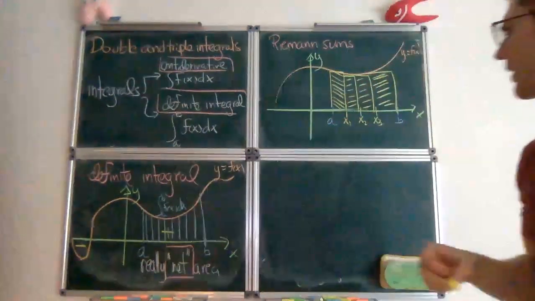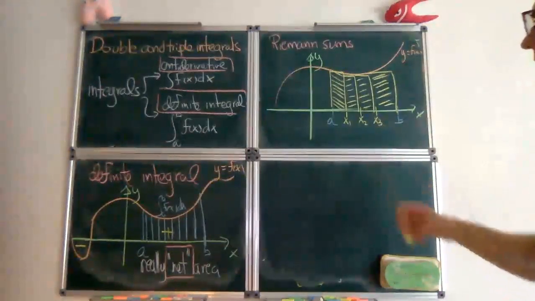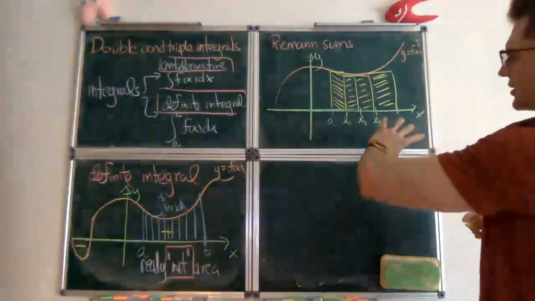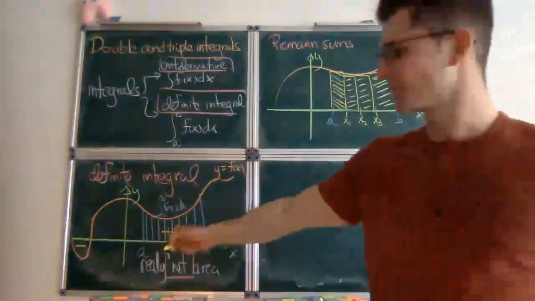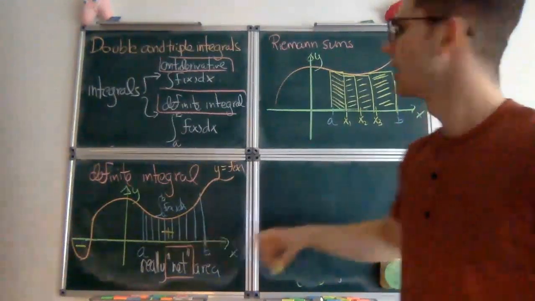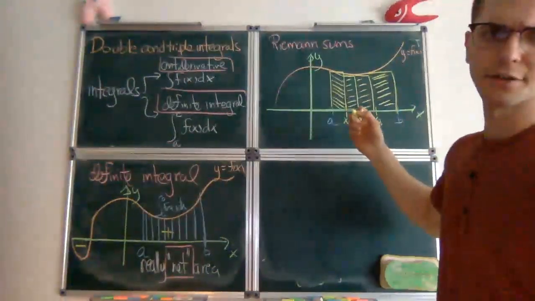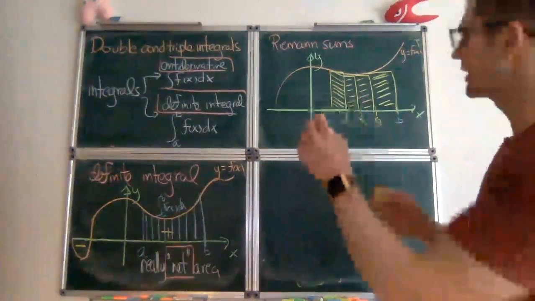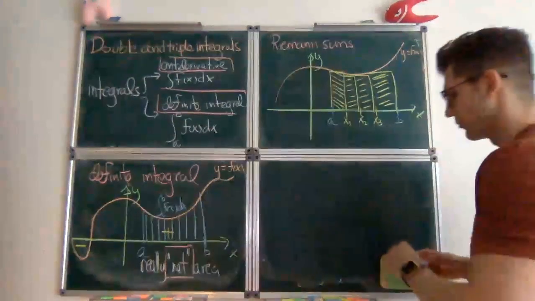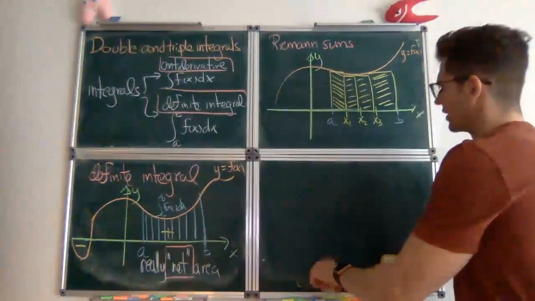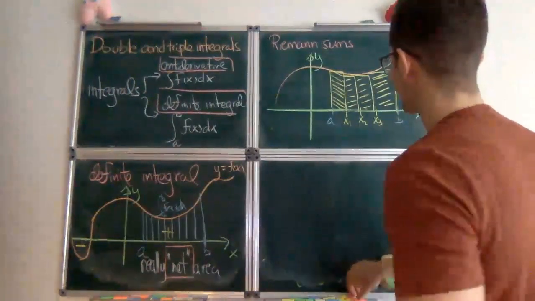The main takeaway from this approach is that you're trying to say that the area we're actually interested in, which was this one, can be approximated by the area of these rectangles, and that as you start shrinking the size of these rectangles and adding more and more subdivisions, then this approximation keeps getting better and better, right?